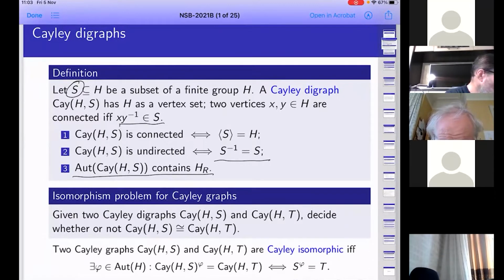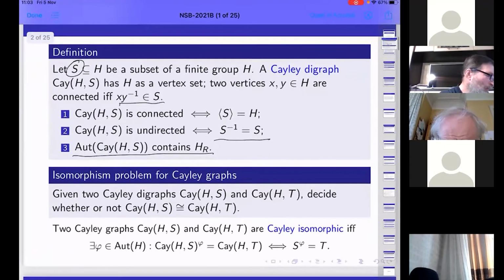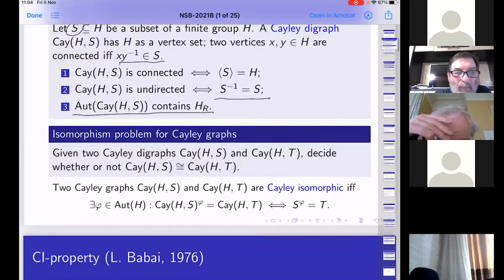This leads us to the definition that two Cayley graphs are Cayley isomorphic if and only if there exists a group automorphism which maps one to the other, or equivalently, there is an automorphism which maps one connection set to the other connection set.